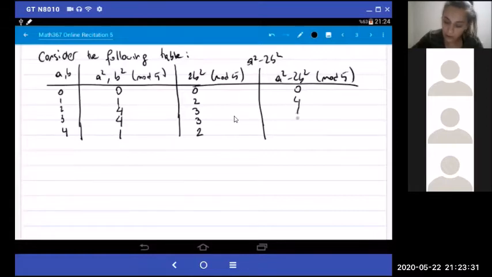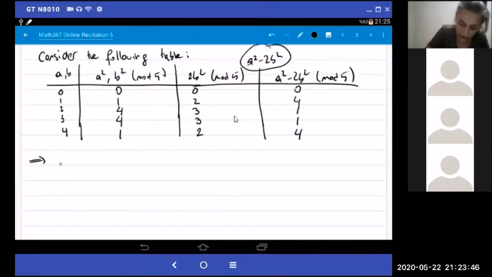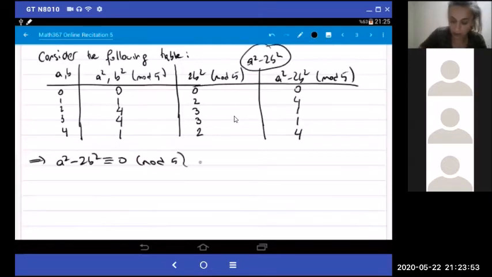From the third line, 1, 1, and 4. So this means that a² − 2b² is divisible by 5 if and only if both values, a and b, are divisible by 5. So this implies that a² − 2b² is 0 modulo 5 if and only if 5 divides a, that is a is 0 modulo 5, and 5 divides b.